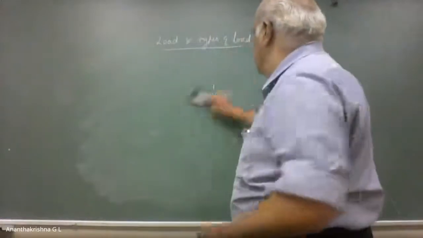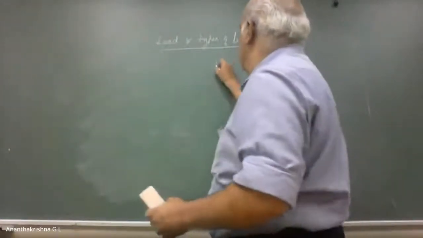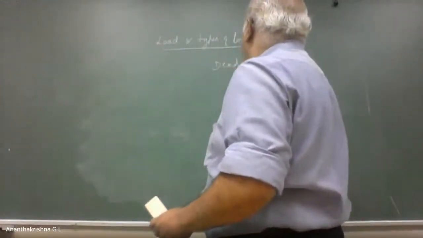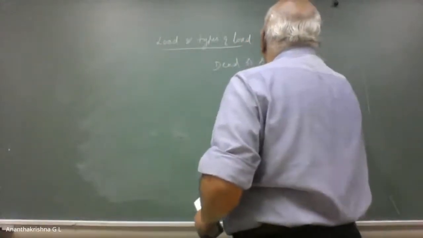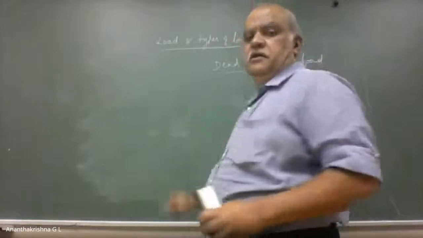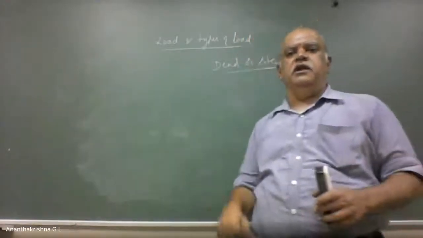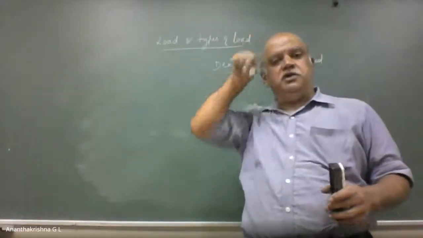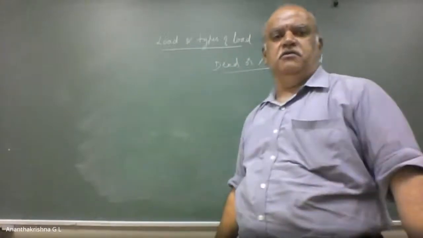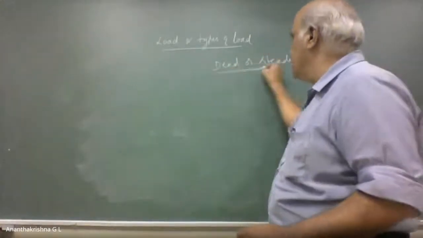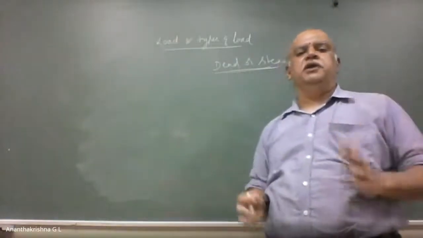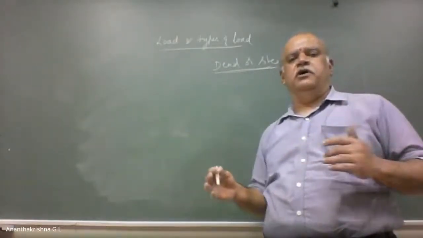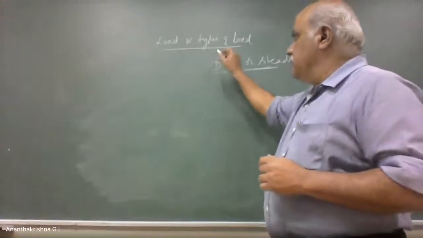Next is dead load or steady load. In a dead or steady load, the load is constant; it does not change in magnitude and direction. So there is no change in magnitude and direction of load, and such a load is called dead or steady load.